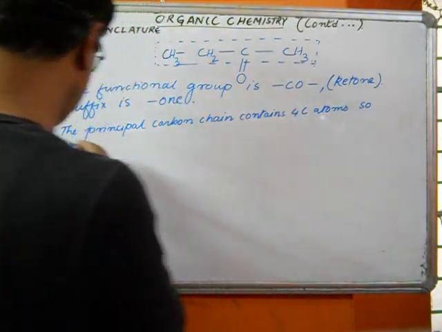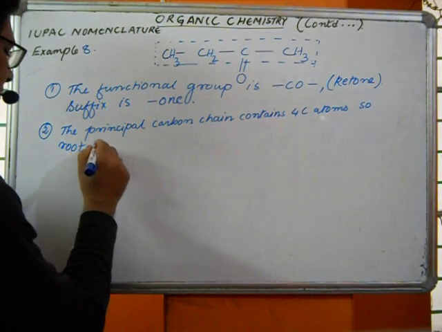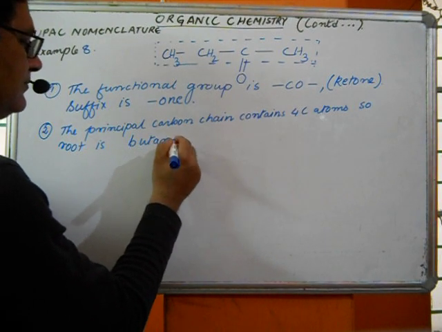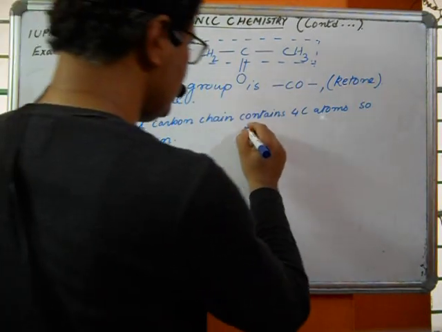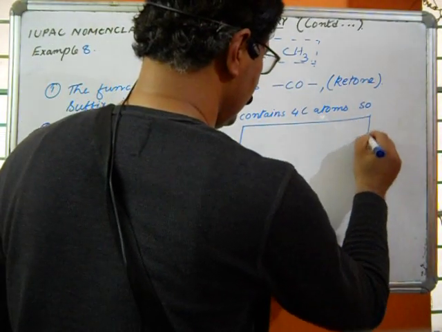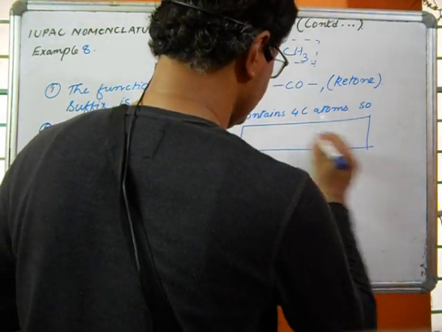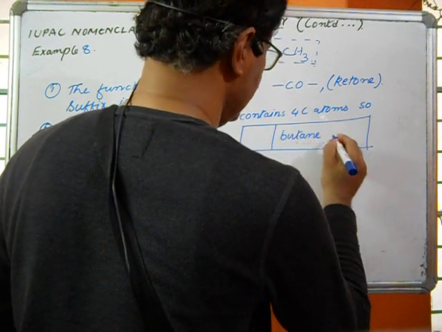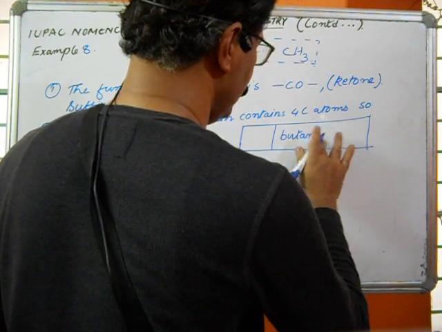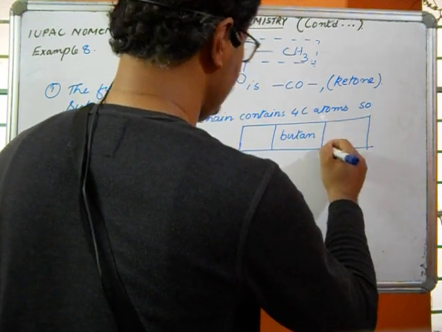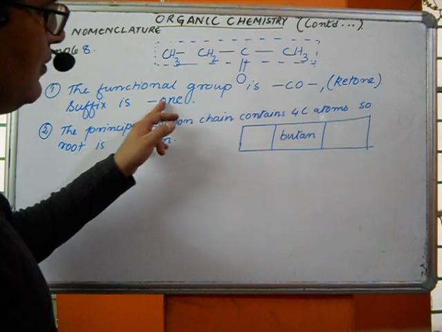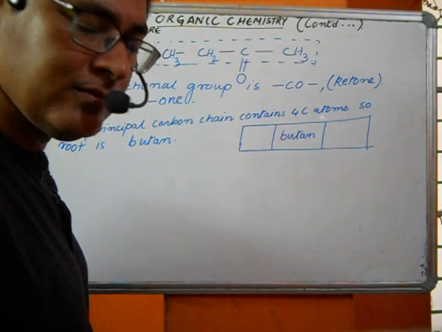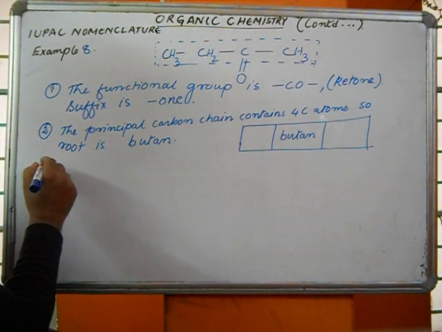So, root is butane. Right? So, we will write down butane, B-U-T-A-N-E. We got my root. We already know this is a ketone. So, my suffix will be on.